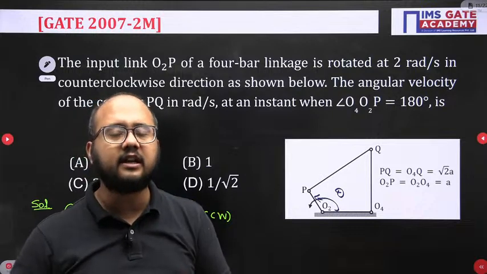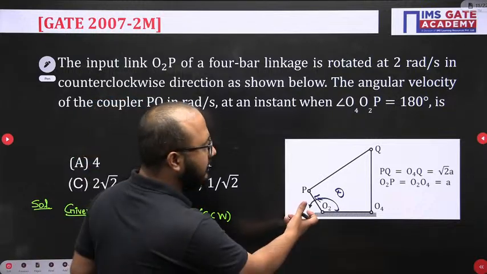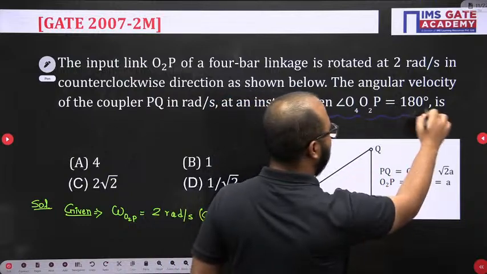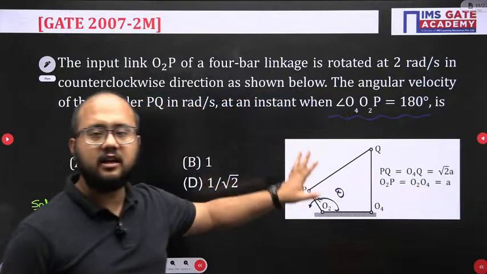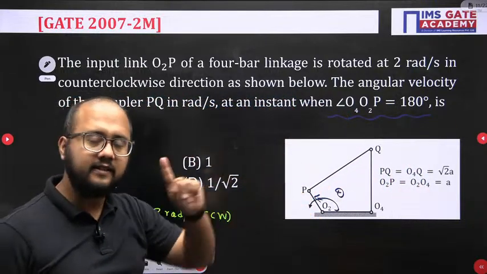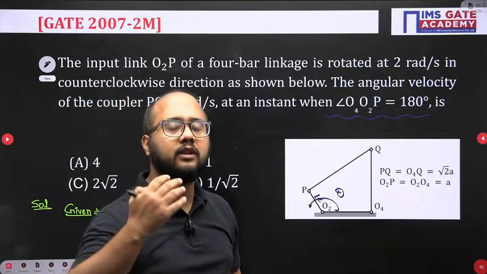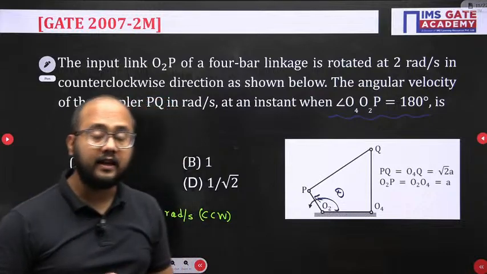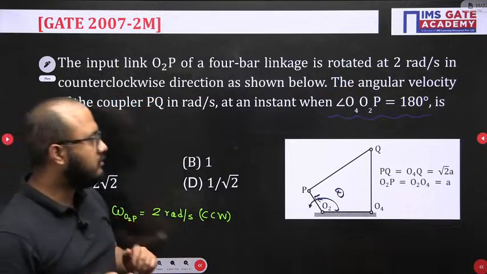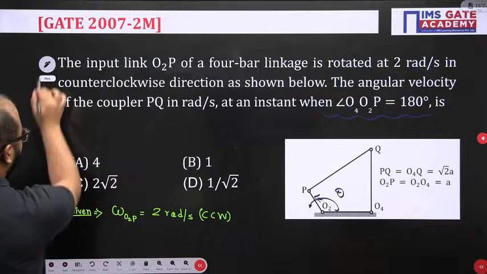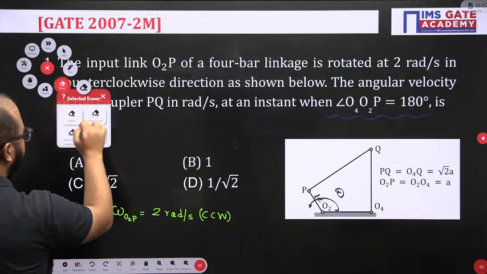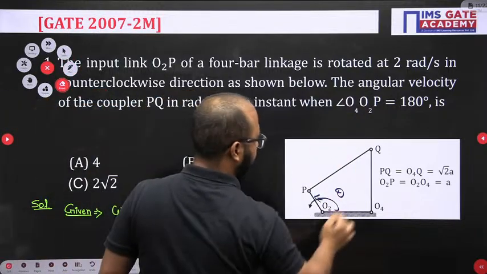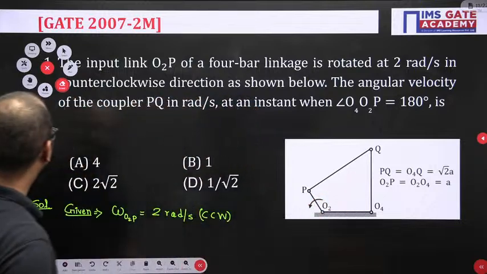Correct configuration diagram means we need to draw this configuration diagram based on this condition. Once it is drawn, then we will show the velocity vectors. Then we will draw the velocity diagram, right? So let us try to solve this question, guys.